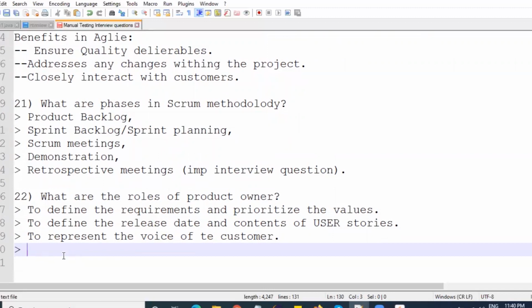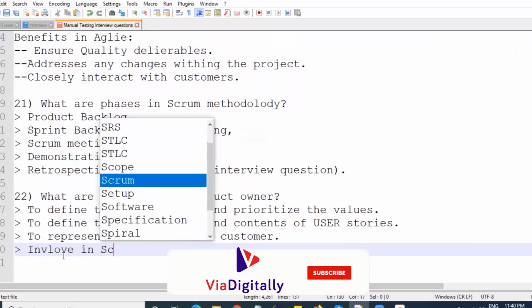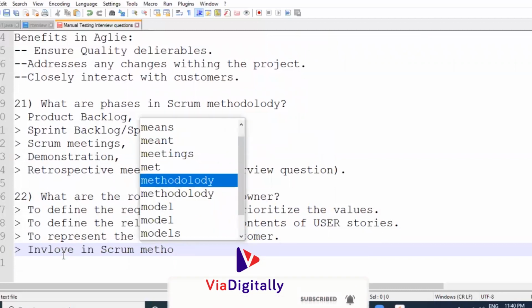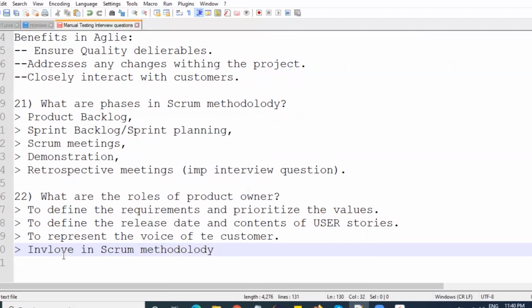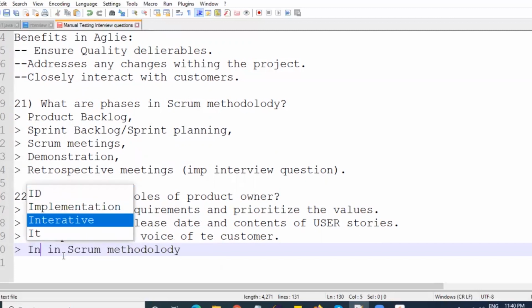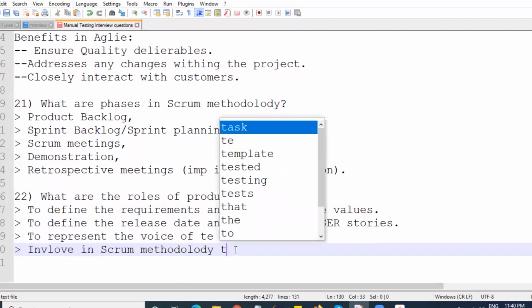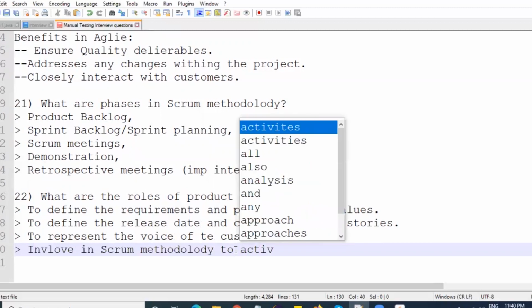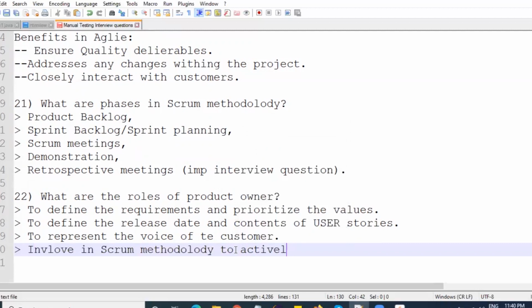And involved in Scrum methodology to actively provide sprint iterations on time, in correct time intervals.